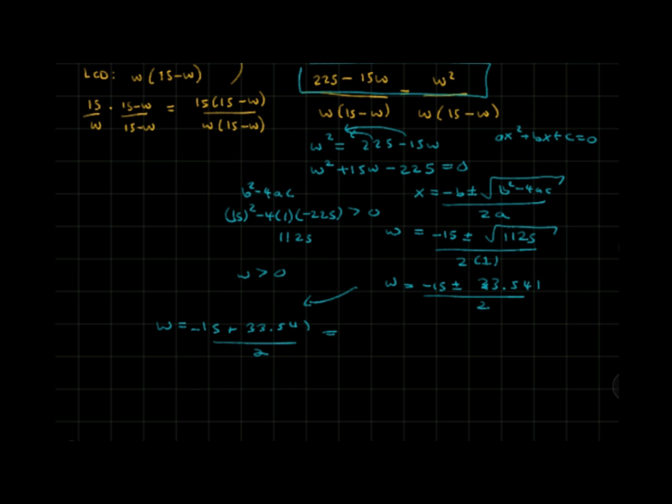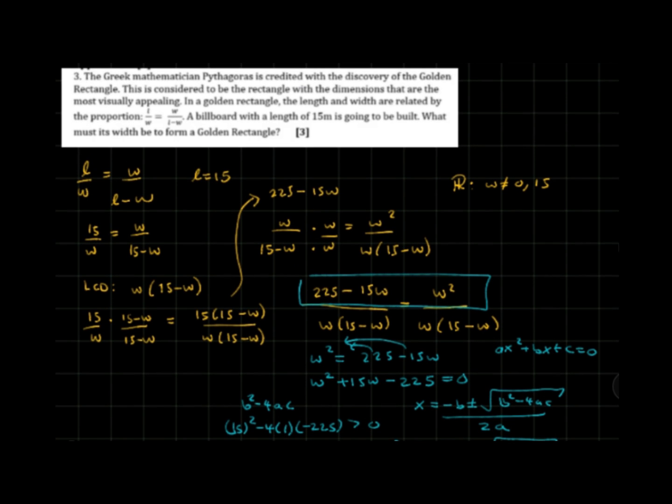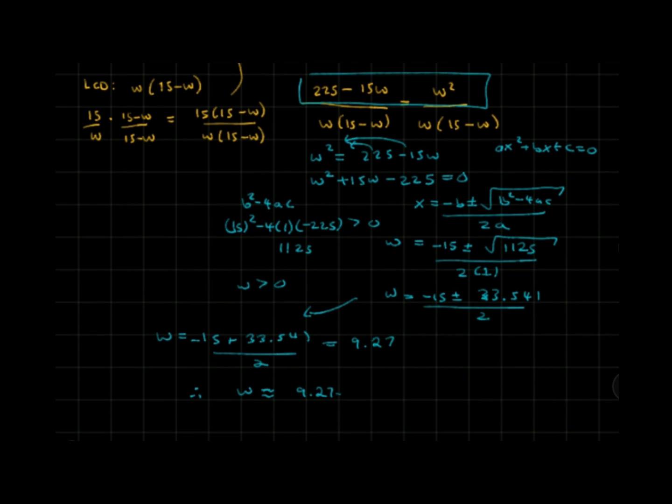Calculating this out, 33.541 minus 15, divided by 2, we get approximately 9.27. Therefore the width can be approximately equal to 9.27, and the units we were using are meters, so 9.27 meters. Although we don't get an exact value, we can approximate it, but that's really the idea of how to solve this.